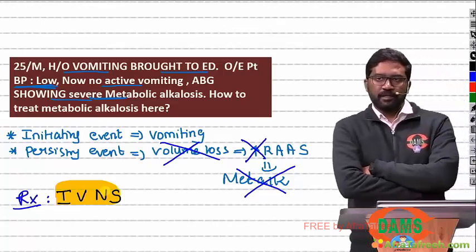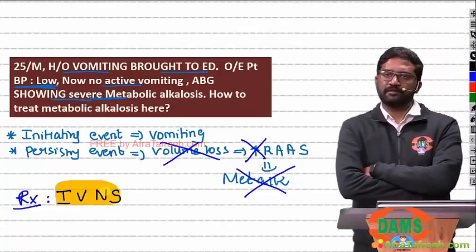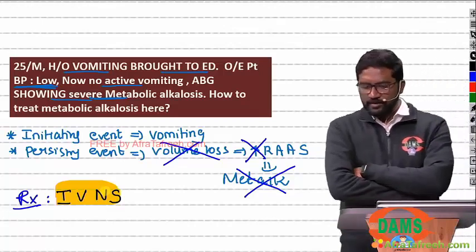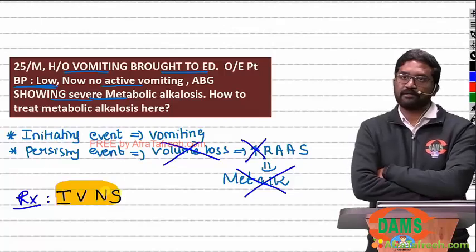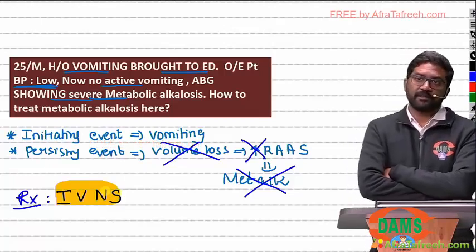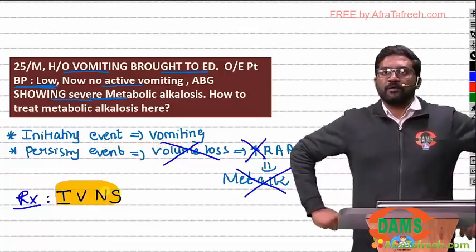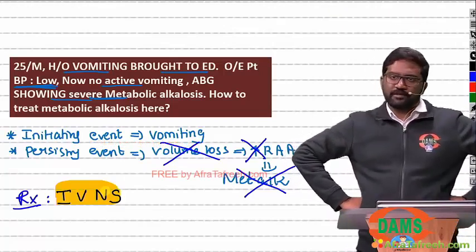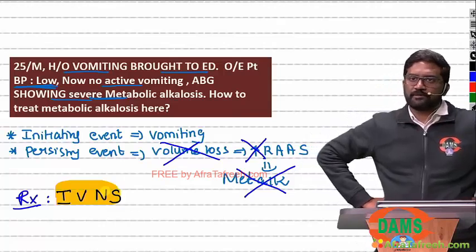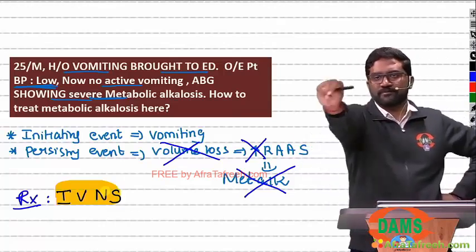Then the next topic is respiratory acidosis. Already I have discussed respiratory acidosis in detail. What is respiratory acidosis? CO2 retention. What is CO2 retention also called? Hypercapnia. Where did we discuss hypercapnia previously? Type 2 respiratory failure.